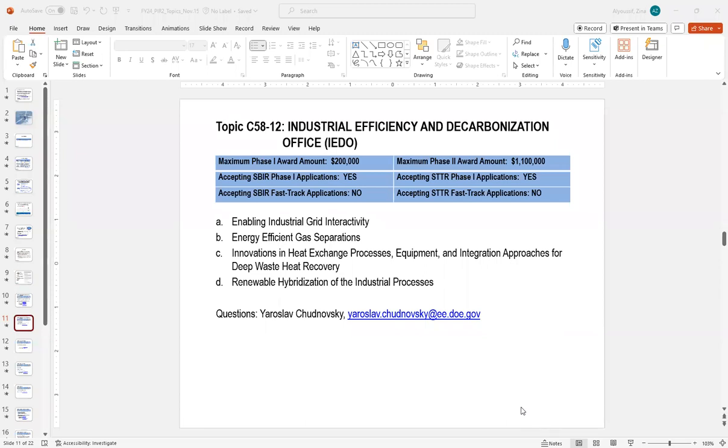And so that's what we're looking for. And of course, all the usual suspects when you're doing membrane development. You've got to have good resistance to fouling, good chemical stability in whatever environment you're doing the separation. You've got to have great durability, and you have to worry about your substrate material, and of course, the cost of the system itself and the cost of operation.